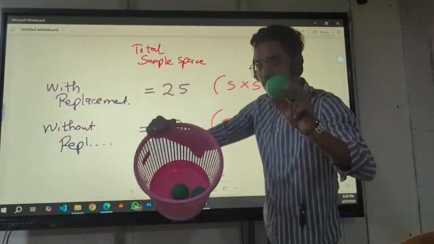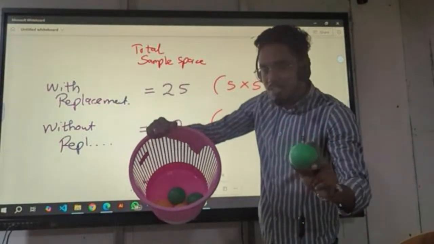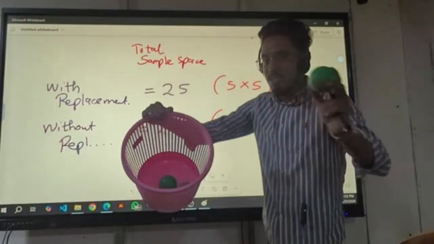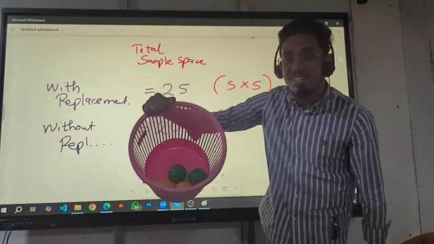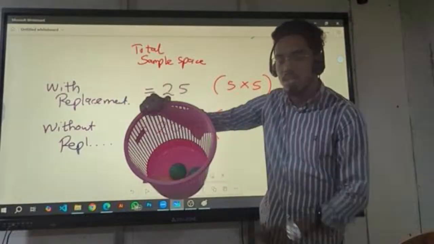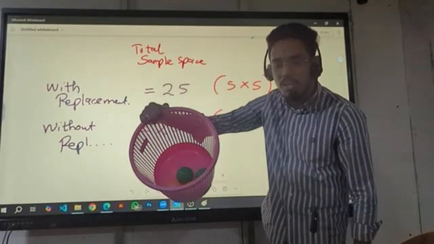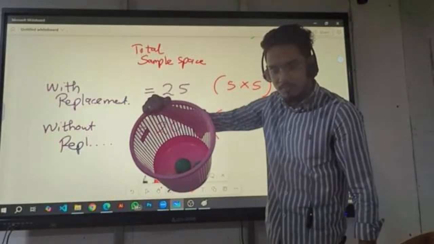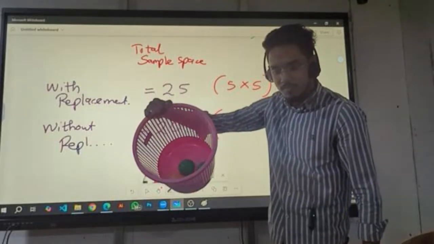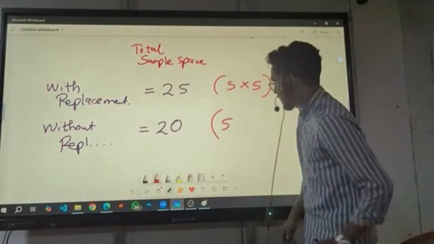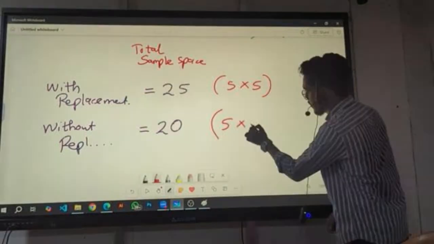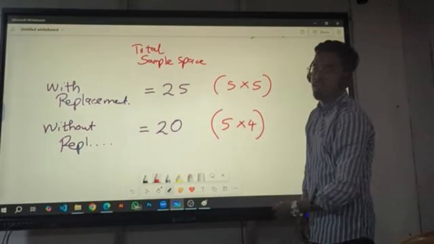After selecting a ball, without replacement means we are not going to replace it. I'm going to keep it aside. Now when Hamas comes, how many options will Hamas have? He's going to have only 4. Perfect. So 5 times 4 gives us 20.